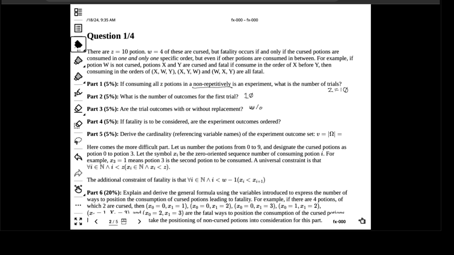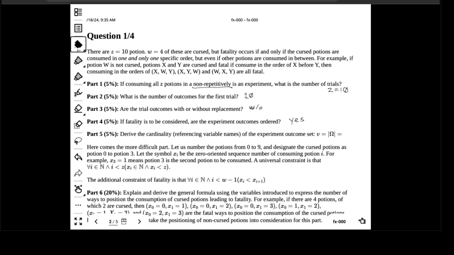So, if fatality is to be considered, are experiment outcomes ordered? The answer is yes, because drinking the potions in a specific order, in one order it may be fatal, in the other order it may not be fatal. And then part 5 is to derive the cardinality of the experiment outcome.